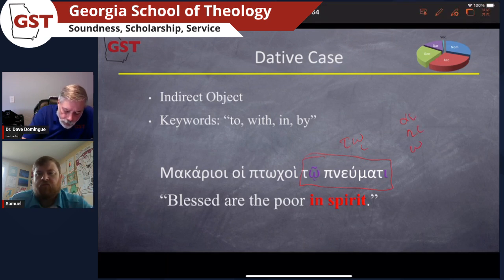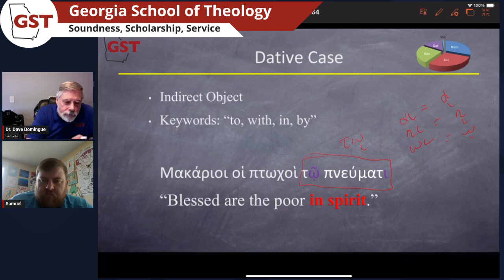If we put an iota after an omega, a lot of times that will subscript, go underneath it and not be pronounced. But here's the fascinating thing: when it does that, it's almost always in the dative case. It makes it so recognizable. So here's my omega, and then it becomes this, and that makes it recognizable. When I see that, I can say that's most likely the dative case.